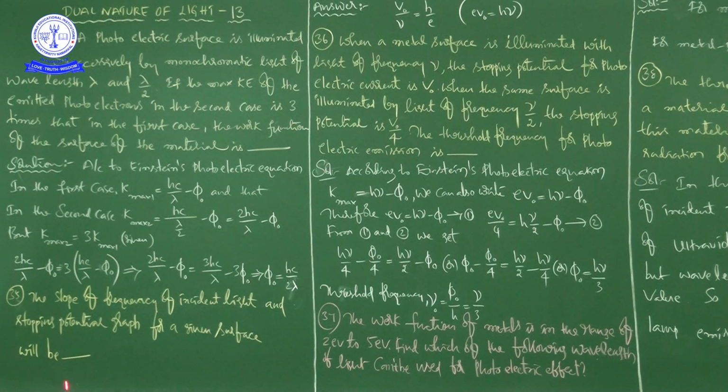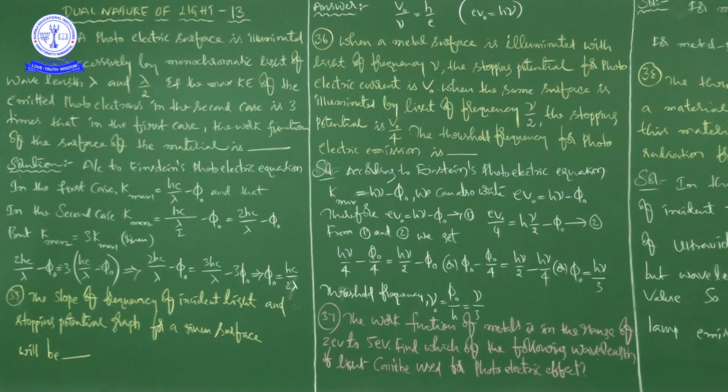Then in the next problem, 35, the slope of the graph between frequency of incident light and stopping potential for a given surface will be asked. It is a simple theoretical question; in our motion in a straight line chapter and laws of motion, work, power, energy in first year, many times we calculated the slope from a given graph. The same thing you apply here.